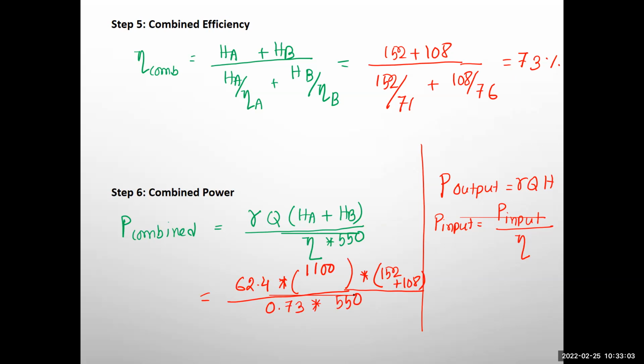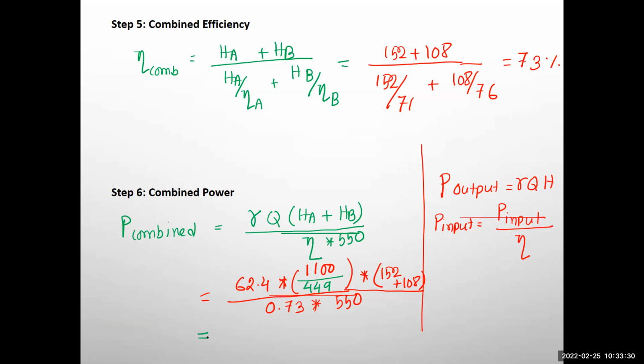550. Now, 1100 is in GPM. Should we work with GPM here? No, because we need to convert that into standard unit and the conversion factor is 449 or 448.8.